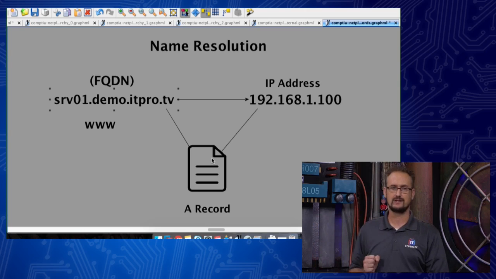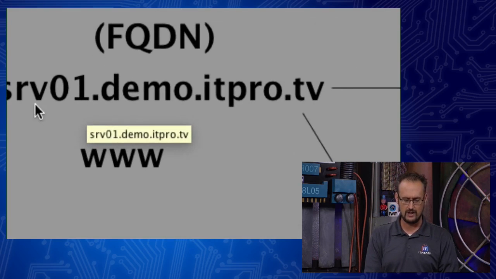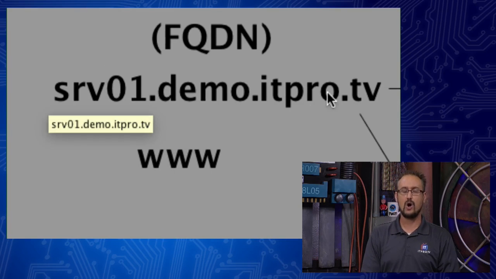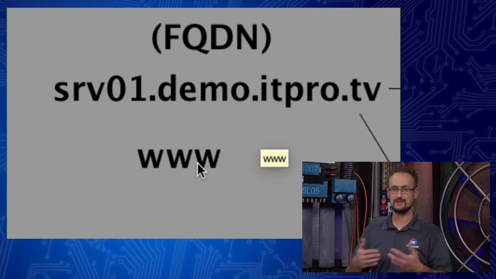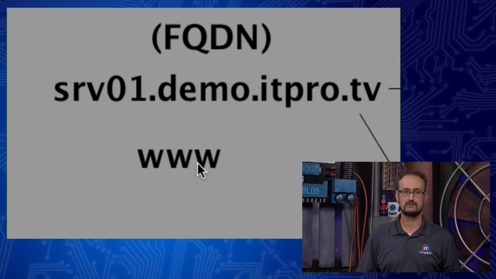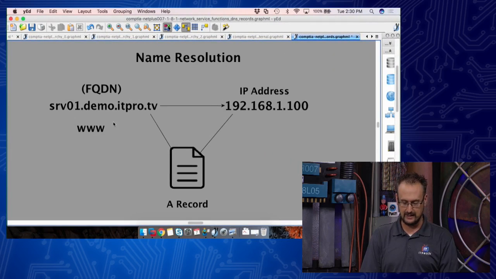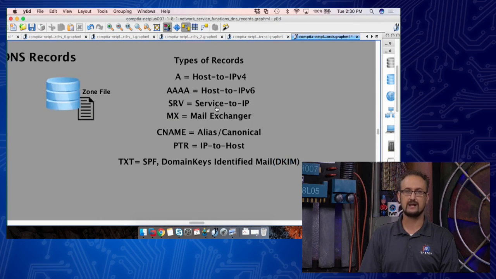Here's your answer. And now you as a human don't have to type in this long, crazy name. All you have to know is www. And I can type in www.google.com, www.facebook.com, and it makes it a lot easier. And that's essentially what an alias is, a CNAME, an alias or canonical name.